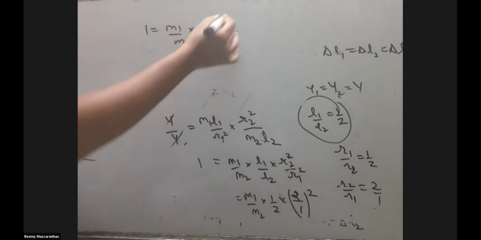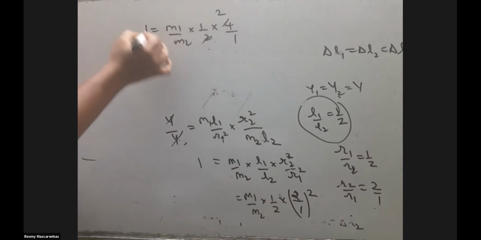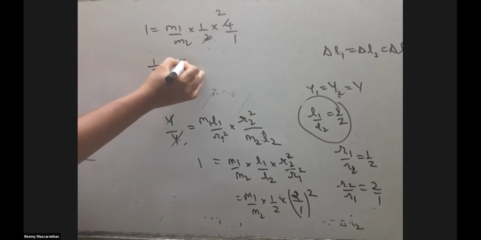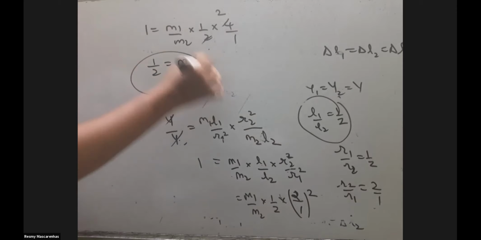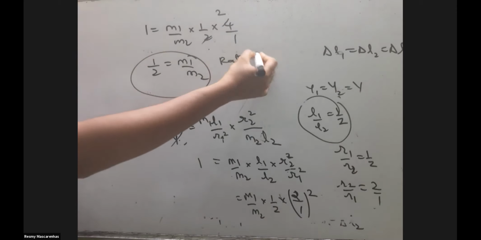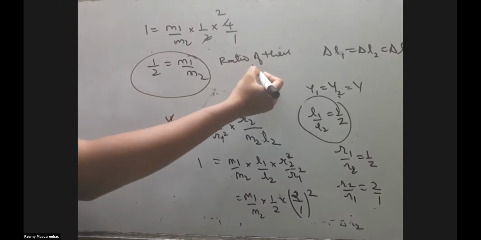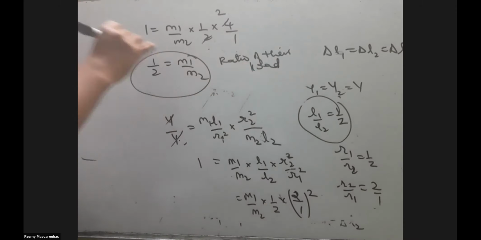Two square will be 4. Now take this side. Ratio of the load, 1 by 2. That's the answer.